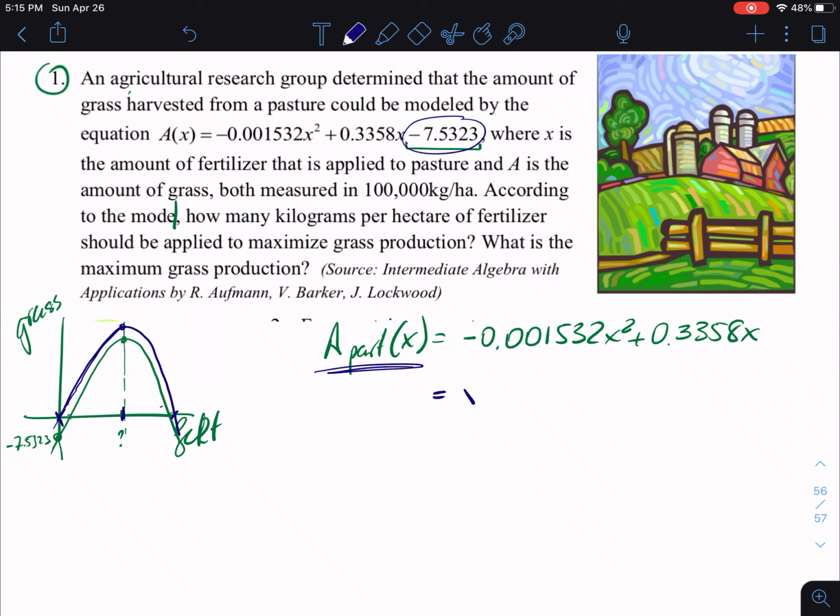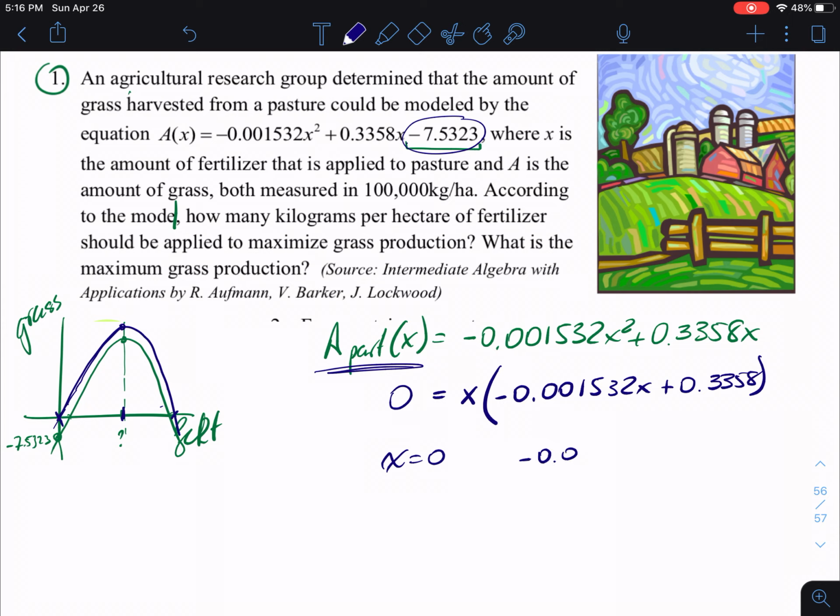So let's see, I can factor out the x, negative 0.001532x plus 0.3358. And I can say, hey, when is that 0? Right? Because I want to know where the function crosses the x-axis. So when x is 0, it's 0.